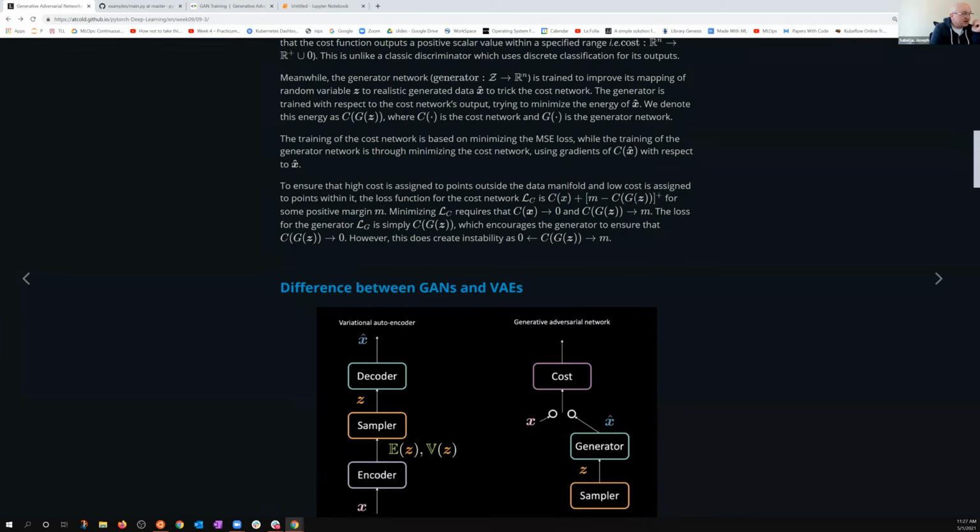When it's identified as X hat, the cost should be high. So the overall cost is going to be the cost of that plus the huge penalty minus the cost of that. I wasn't really clear how this formulation helps or why it's set up this way.